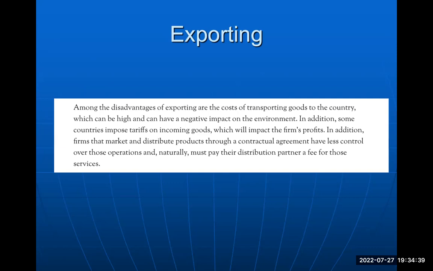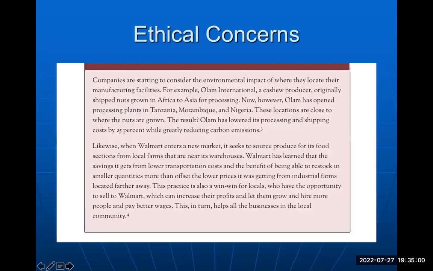Sometimes the profit margins are not as high as they could be. And as I said before, they don't have a lot of control over the local distributor or marketing companies. So this is one way of how a company may go international.